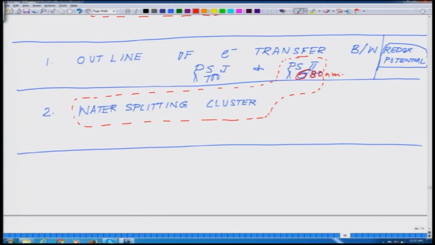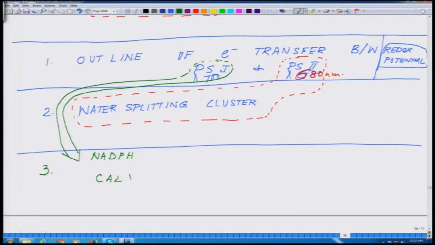Okay. Then we will talk about the third, which is this part and how this one is governing the Calvin cycle.